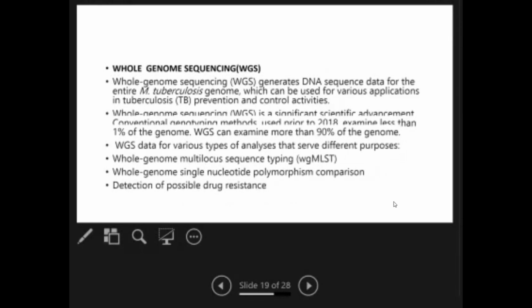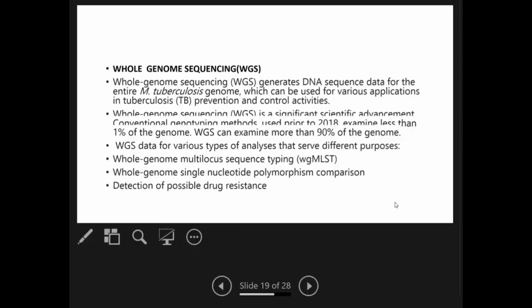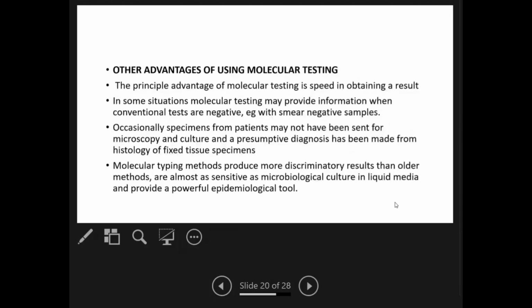So if there is going to be another new gene which can confer resistance to rifampicin or any other drug, you cannot detect it by this targeted molecular diagnostic. But if you can elicit the whole genome, then with a lot of new software, you can detect the newly emerging resistance mechanisms also.